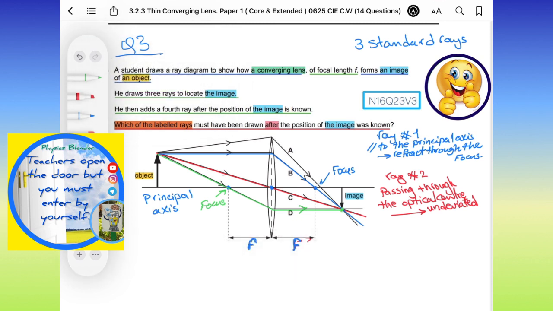So here we have ray number 3 passing through the focus. What happens? It refracts parallel to the principal axis.